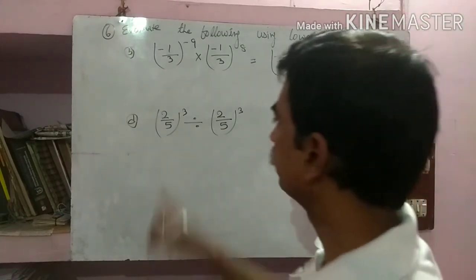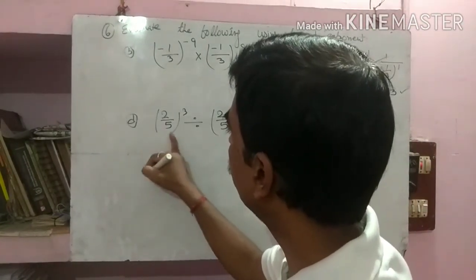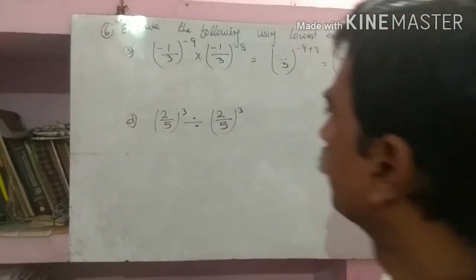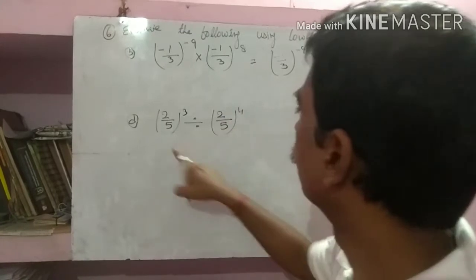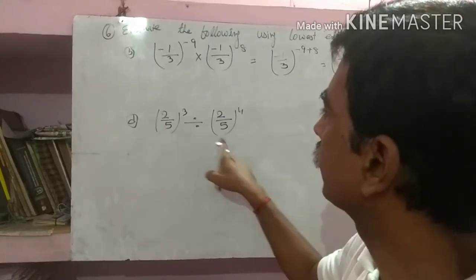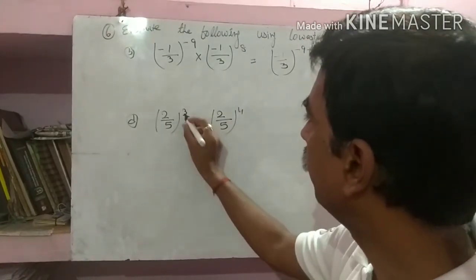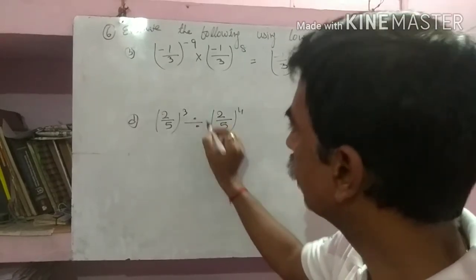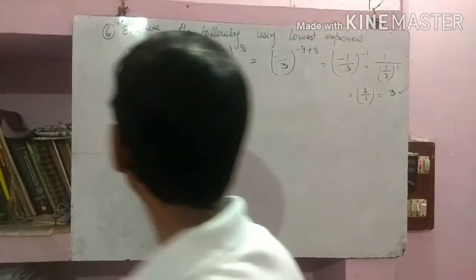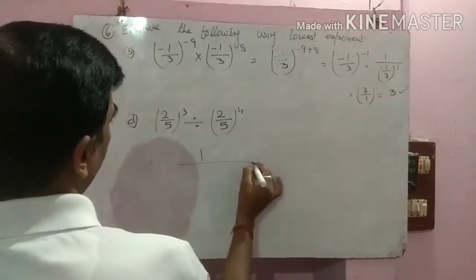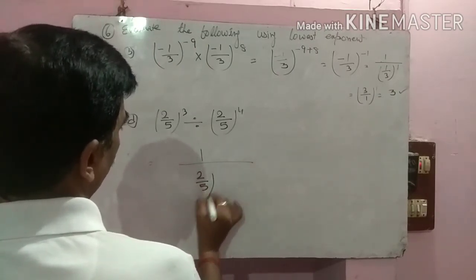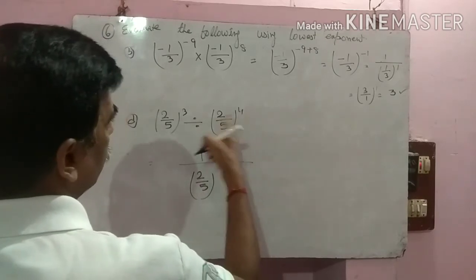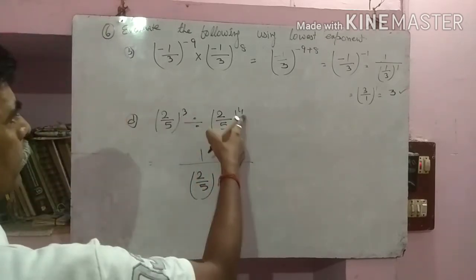In this case, if there is a sign of division, both bases are the same, powers are different, but in the case of division, it will be like this: 1 by the same base, means 2 by 5, minus, this represents m and this represents n.